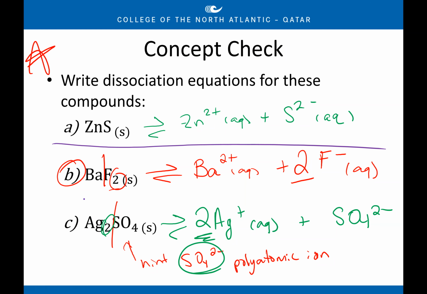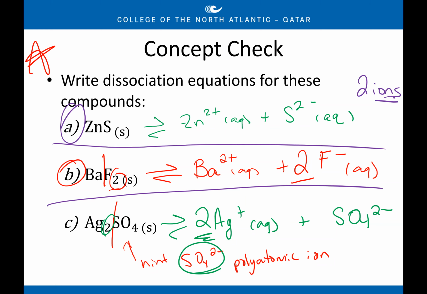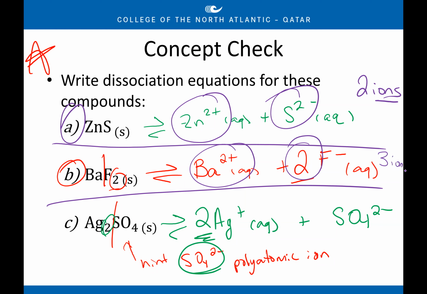So what I mean is the first chemical splits into 2 ions, right? We have 1 zinc, 1 sulfur. The second chemical splits into 3 ions. Sorry, I ran out of room there. The third chemical also splits into 3 ions.